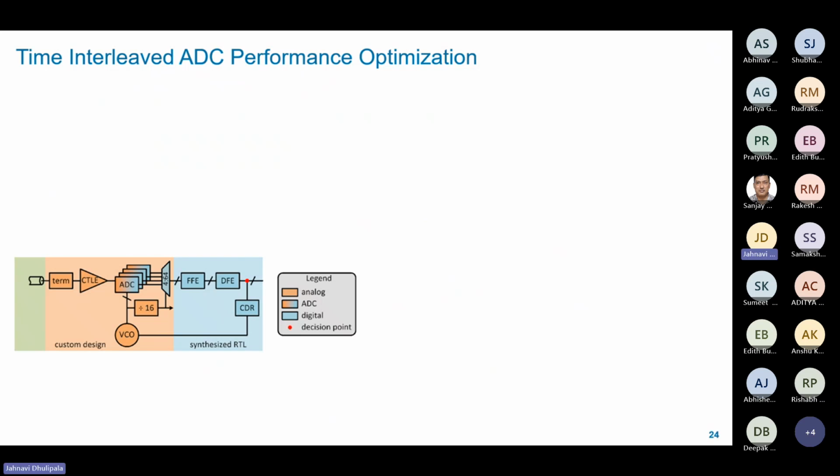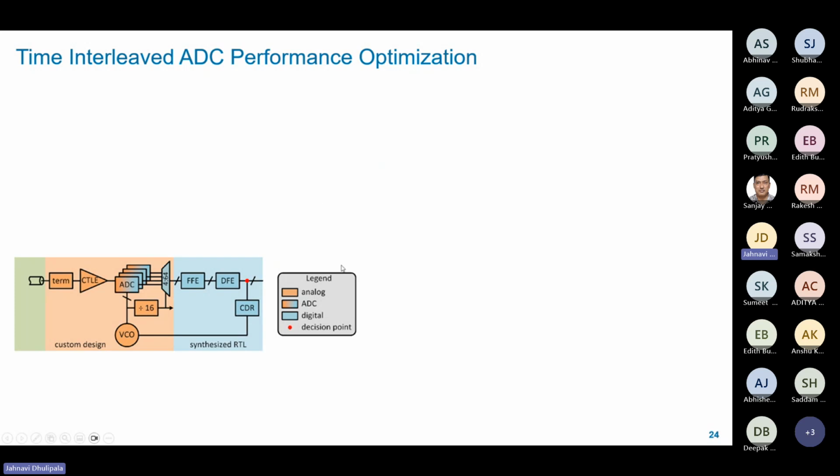So let's start by providing some background or motivation on why this is being taken up here, right? In general, modern high-speed digital I/O communication systems require faster and faster data rates.